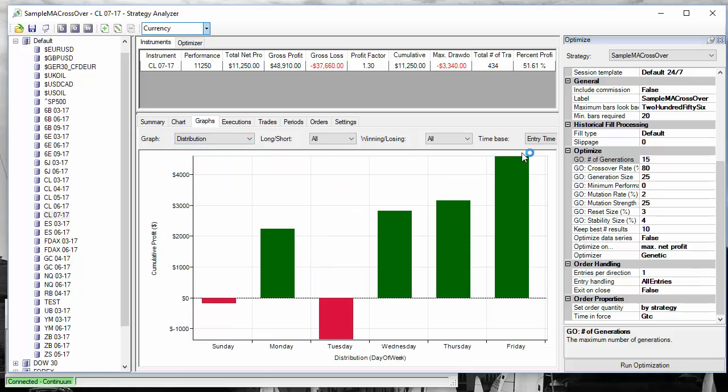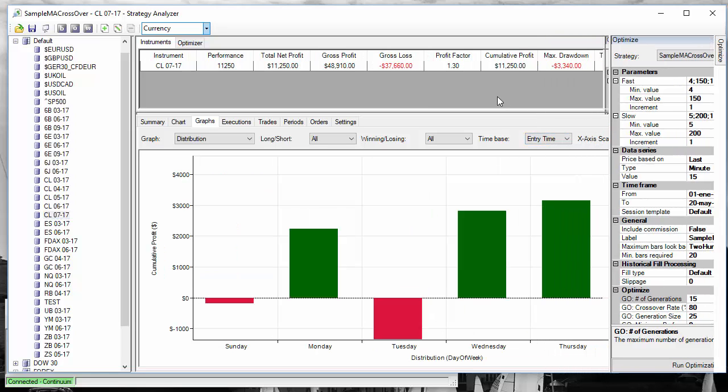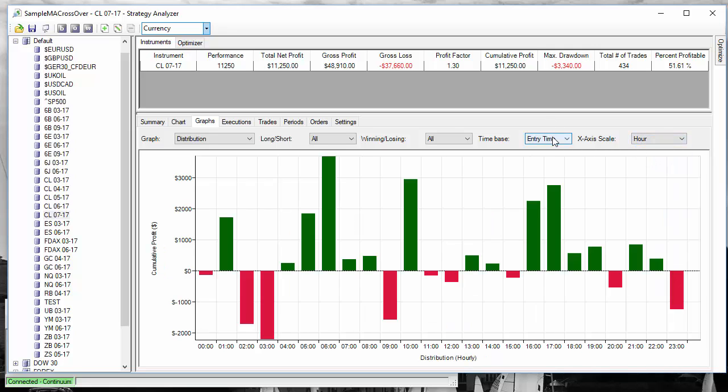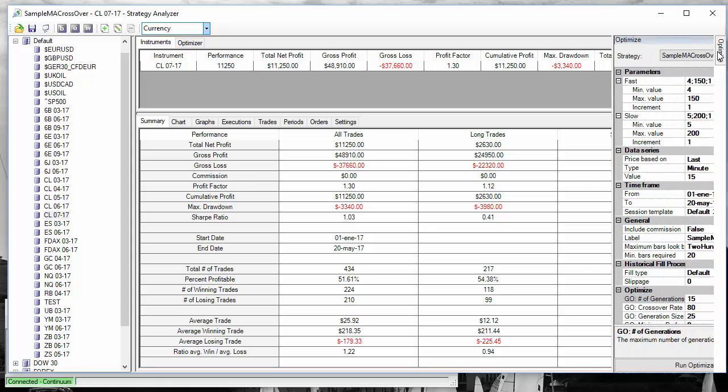If we look at the distribution, we can find the better time to use. But the question is if this is useful to trade in the future.